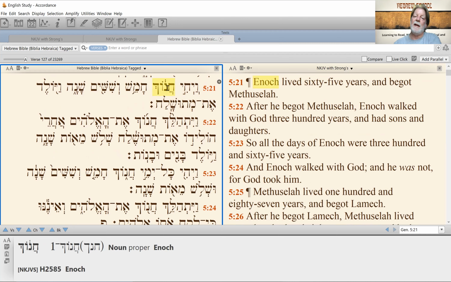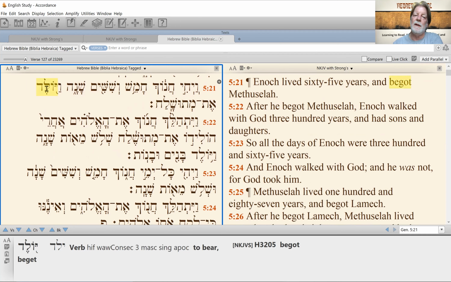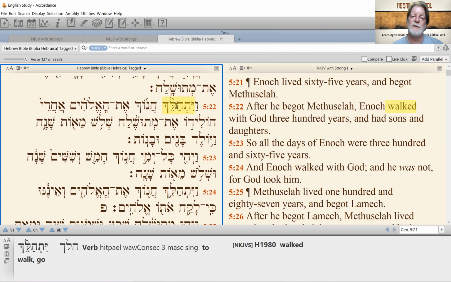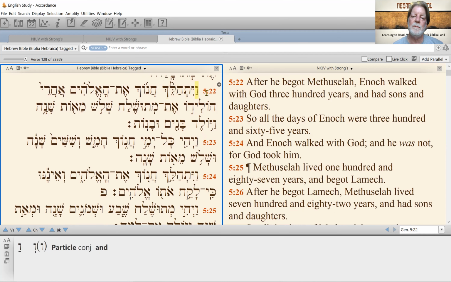Vayechi Chanok, and lived Enoch Chamesh v'shishim Shana. So 65 years, Vayoled, and he caused to be born et Mathushalach. Mathushalach, that's Methuselah. So Enoch's son was named Methuselah. Verse 22. Vayit Halek.